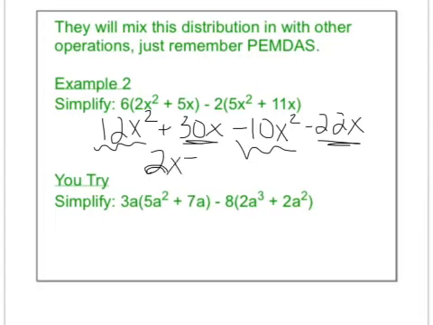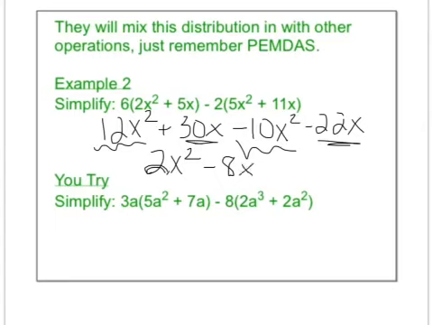When I combine the x's, I get... Okay, then we combine the x's and we've got minus 12. Well, not minus 12, that's right. It's going to be minus 8x. Okay. Now for the next one.